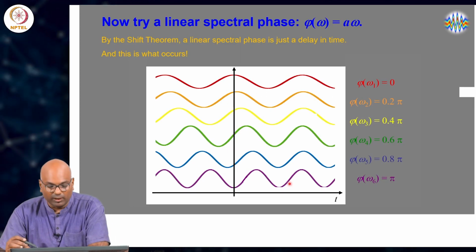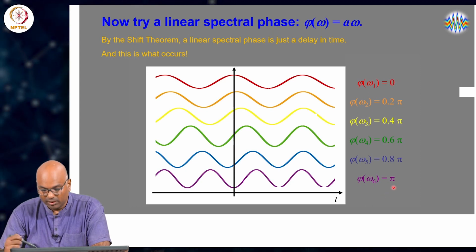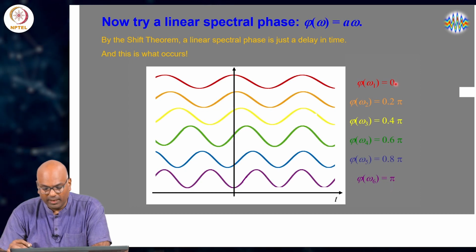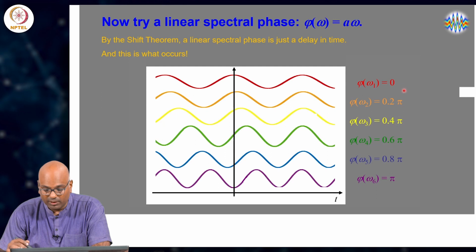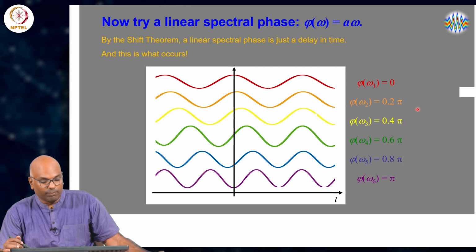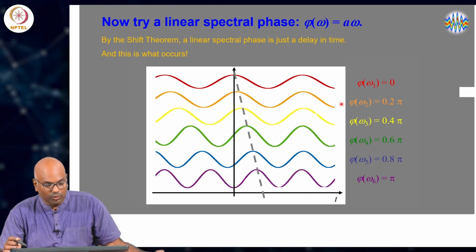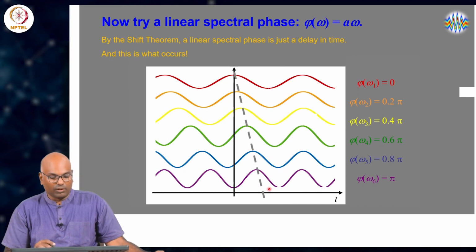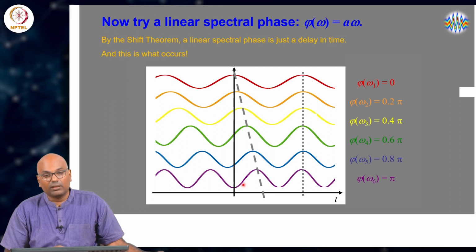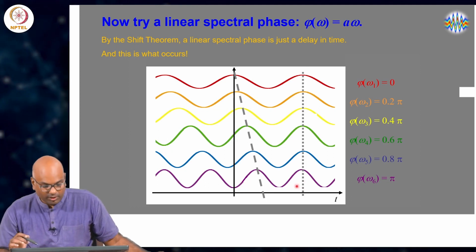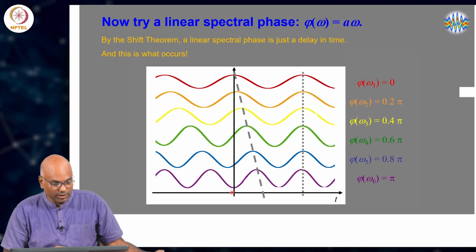Okay. So, now if we on the other hand imprint a linear spectral phase, going from omega 1 to omega 6, that is 0 to pi, and we add successive increments of 0.2 pi over each of the successive frequencies over the preceding one, 0, 0.2, 0.4, 0.6, 0.8 all the way to pi, then we do again a graphical summing, and we note that the maxima of these pulses have gotten misaligned, and they have deviated away by a step in the time domain, whereas they are aligned in perfect synchronicity at a later time other than t equal to 0, which is this point as it was intentionally shown in the previous view graph.